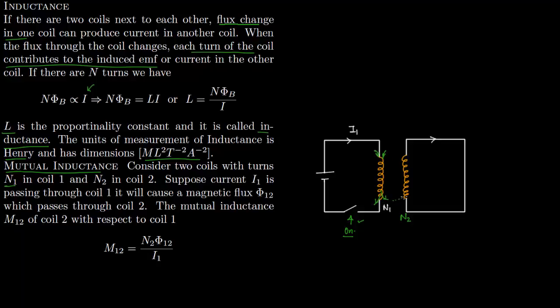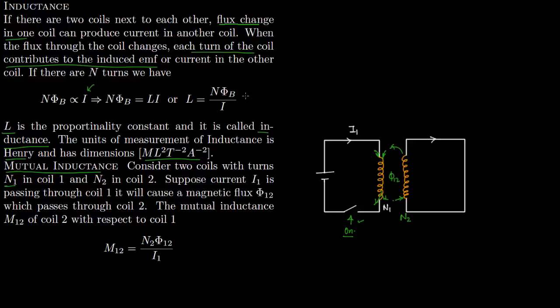This flux also passes through coil 2. We will call this flux phi 12, produced by coil 1 and acting on coil 2. So the mutual inductance of coil 2 with respect to coil 1 is given as M12 equals N2 times phi 12 divided by I1.